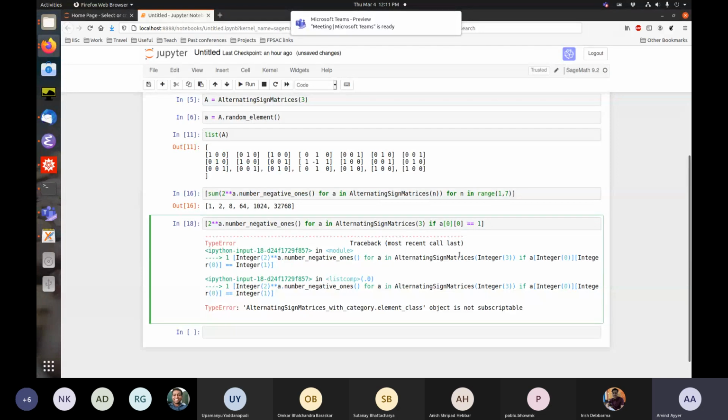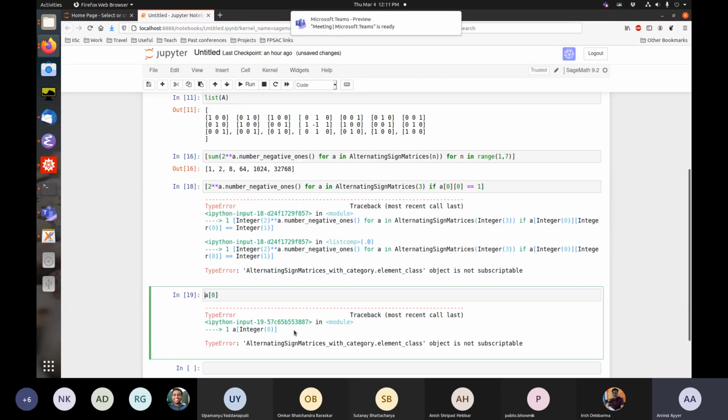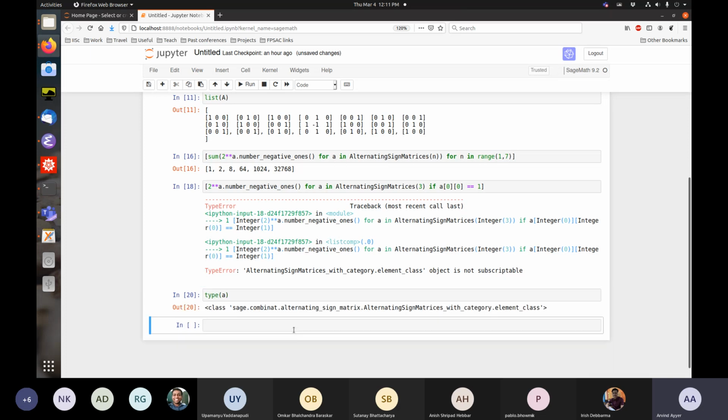One of the problems with types is that I cannot do A of 0 because A is an alternating sign matrix. As I told you earlier, the type of A is an alternating sign matrix, so it does not think of it as a matrix.